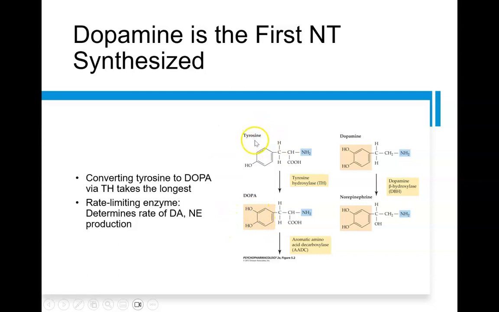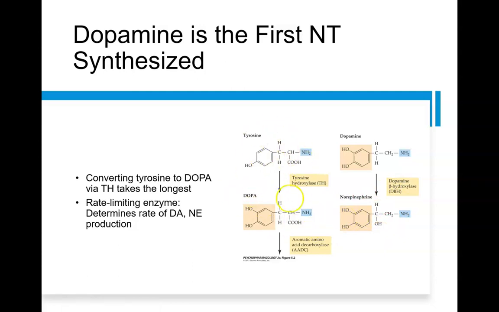So we start with tyrosine, we then get levodopa, and then we have aromatic amino acid decarboxylase, which then creates dopamine. Dopamine can then be used to create norepinephrine and then epinephrine. Dopamine is basically converted into norepinephrine with dopamine beta hydroxylase, and then norepinephrine can then be made into epinephrine.